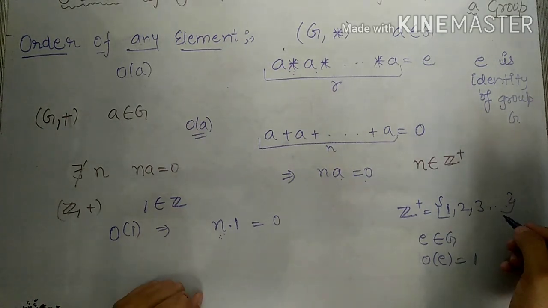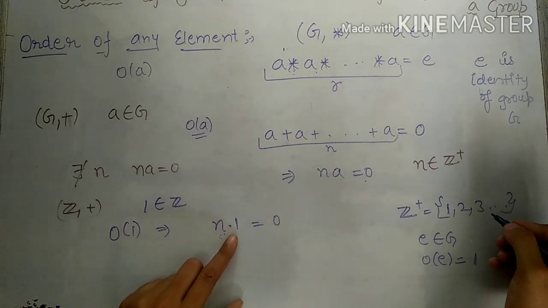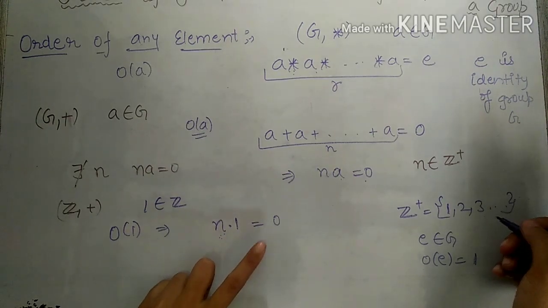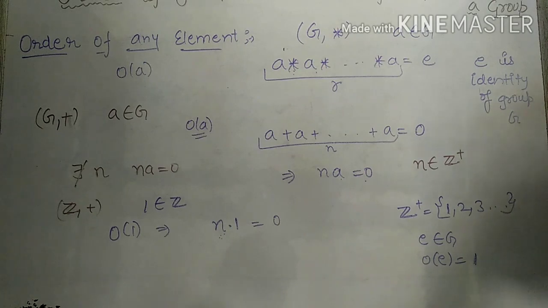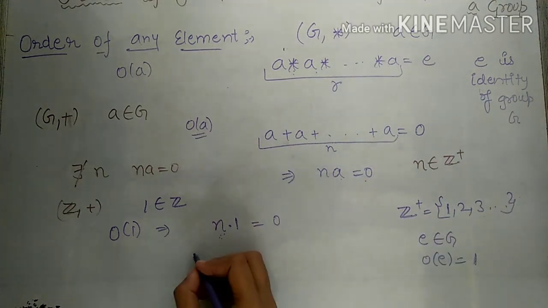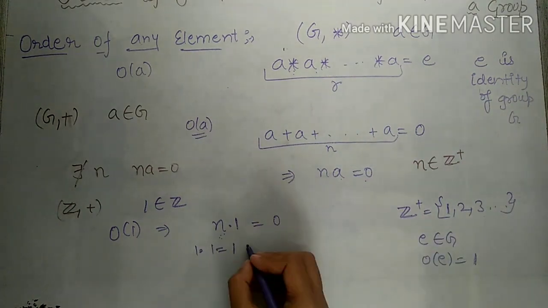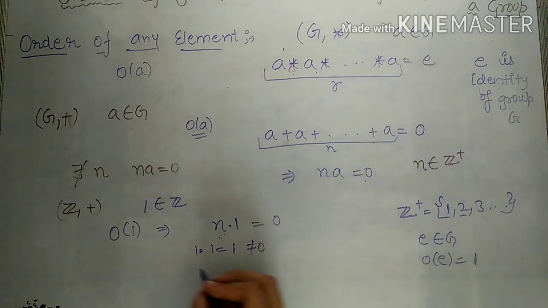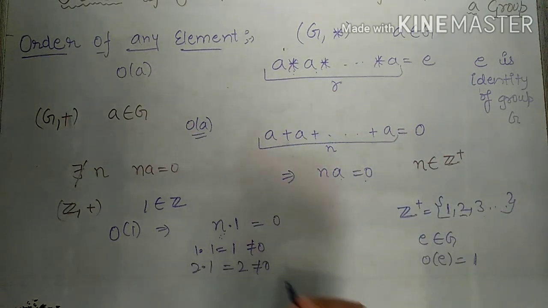So from this set, which integer should be multiplied with 1 so that it comes out to be 0? There is no element in this set like this. If you start with 1, 1 into 1 is equal to 1, it is not equal to 0. If you take 2, 2 into 1 is also equal to 2, it is not equal to 0.